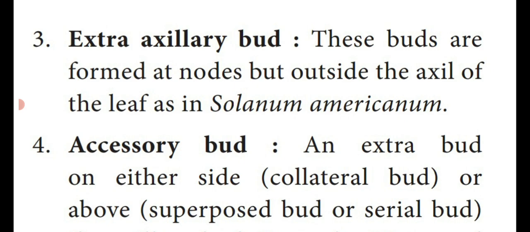It is not produced in the axil of the leaf, it is produced in the, what is that one? Nodal region. Those buds are known as extra axillary bud. Example, Solanum americanum. In Tamil, Manathakkali or Manitakali is the name of Solanum americanum. Okay.